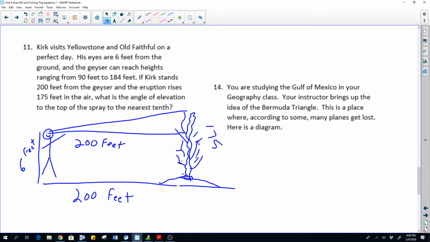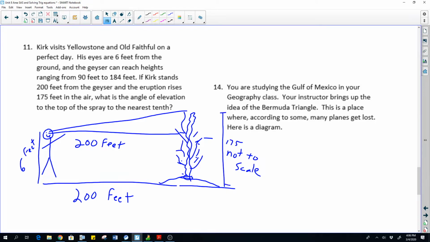Okay, so then 175, probably minus 6? Yes. So 175 feet minus 6, how tall he is, not to scale. That's the whole distance there.